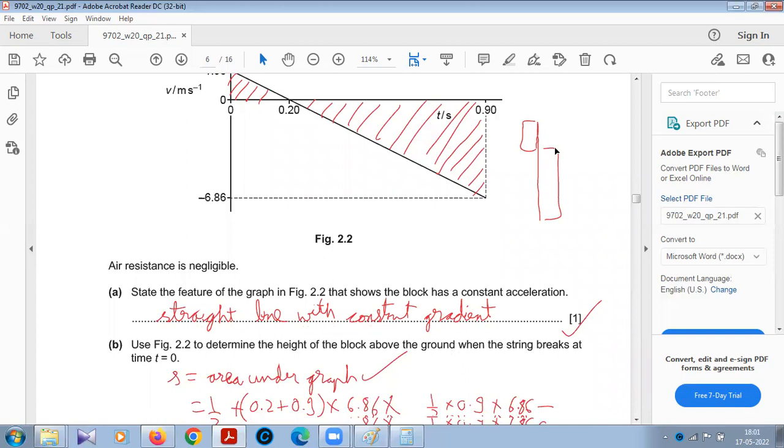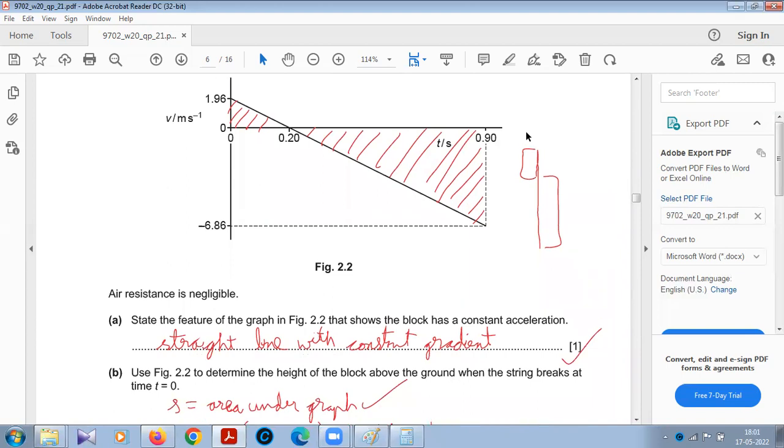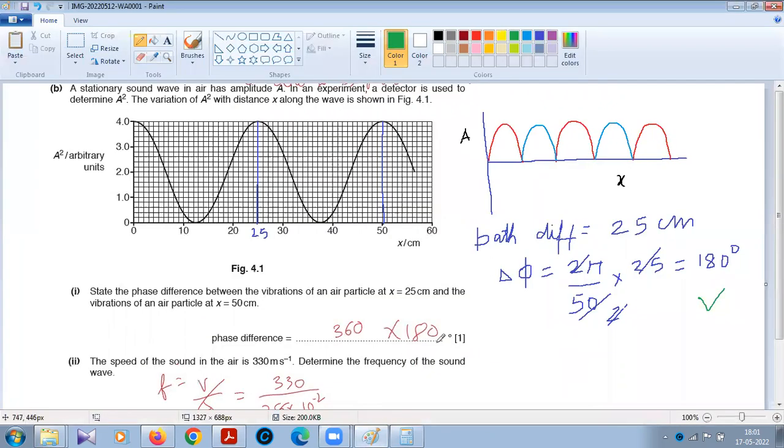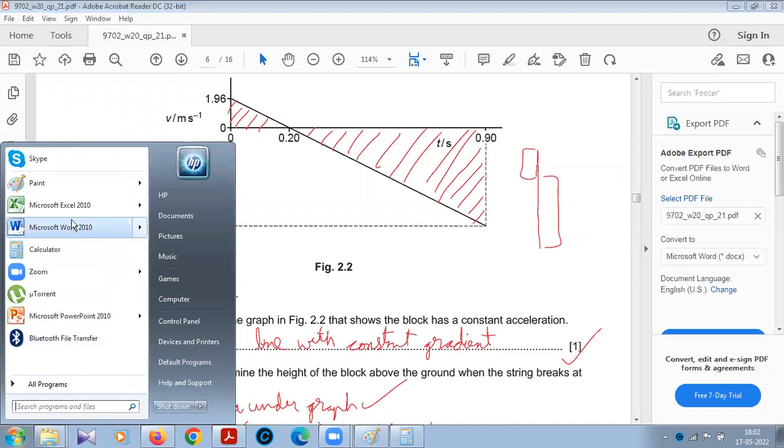They are asking the time when the string breaks. Okay, exactly. When the string breaks, I think it will be just the area under this curve. Okay, half into 0.2 into 0.9. Let me draw it. Let me solve it. You will get the same. Okay, let me try. No, if you do that, you'll get the maximum height, even after it releases. No, no, see here.